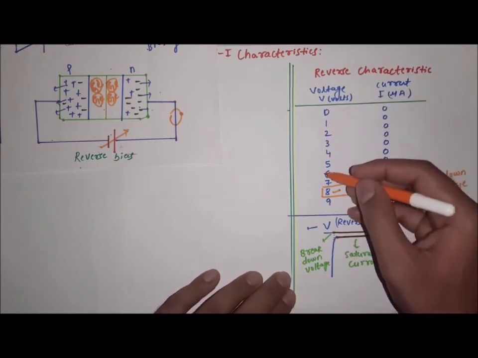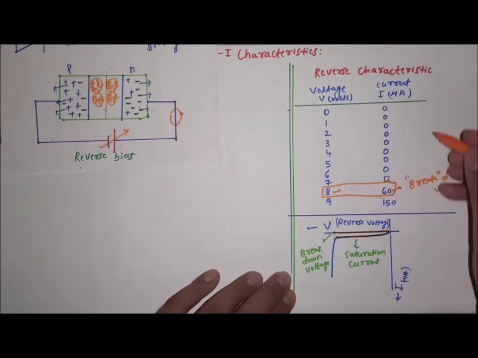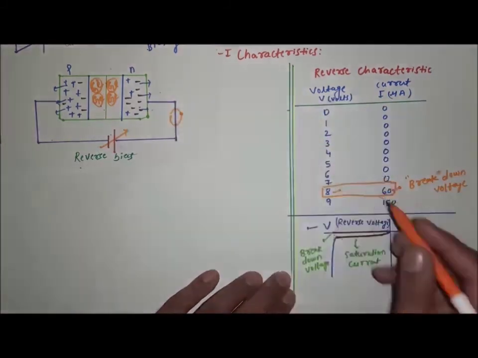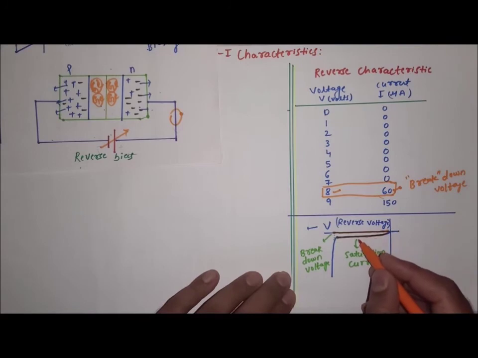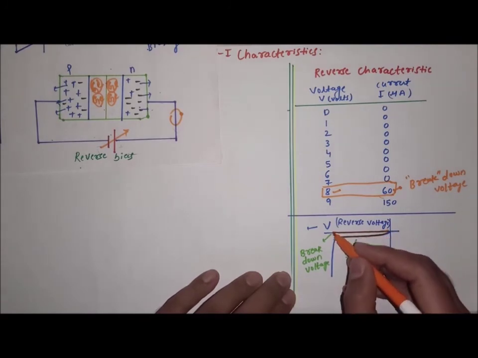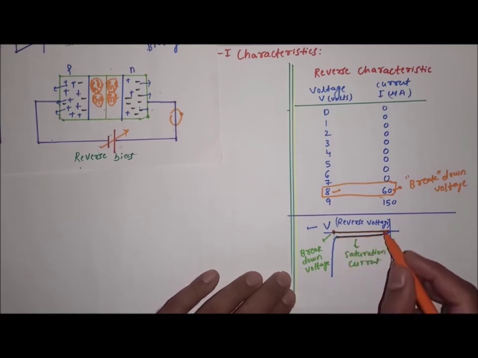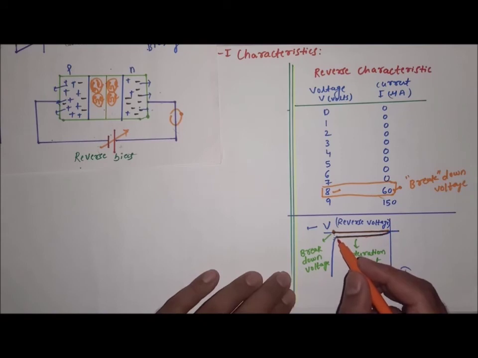So as the voltage increases, the current is almost zero as registered by our ammeter, and this current is almost constant till the voltage reaches the breakdown. This constant current is called saturation current. The current is already saturated, you will not get the current increased.